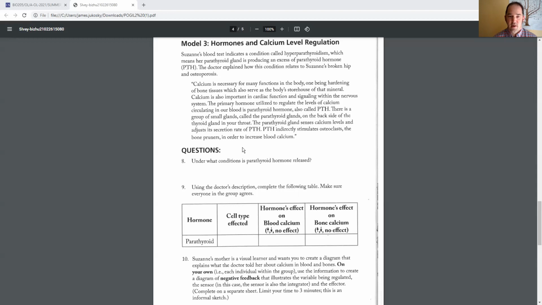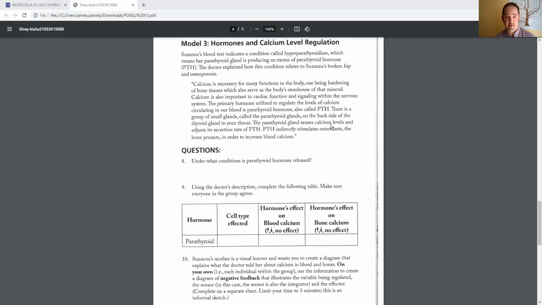So what we're talking about here: the variable that's being regulated is obviously blood calcium levels, plasma calcium levels. And in this case it is falling. So blood plasma levels are falling, and we have cells in the parathyroid gland that sense the calcium levels.